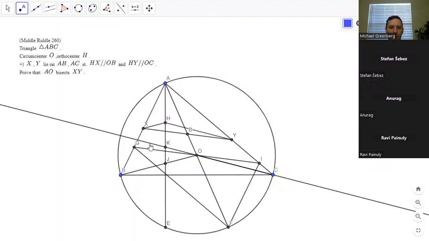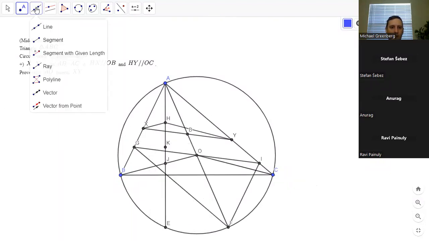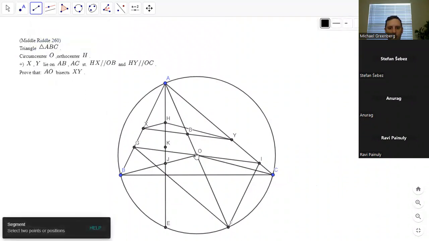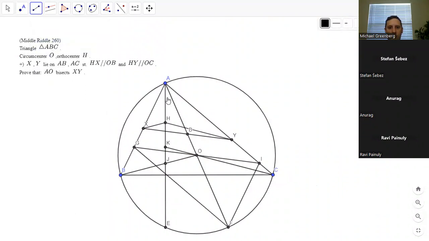So basically we have AX over AG, AX over AB is, oh no, I was trying to find AX over AG.